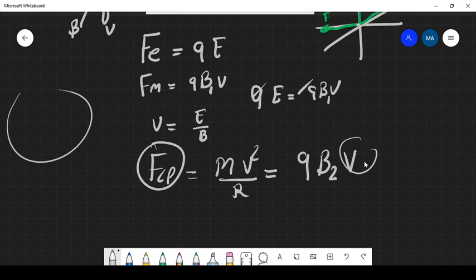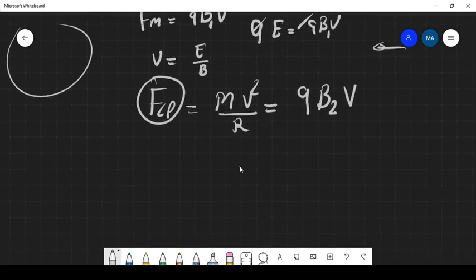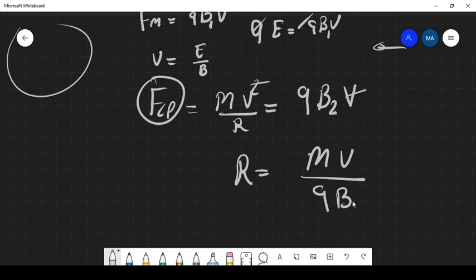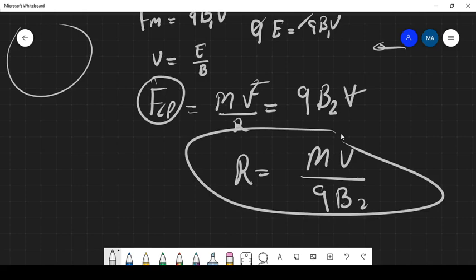This velocity doesn't change. Why doesn't it change? Because the magnetic force just changes its direction. So we'll have that R is equal to mv squared, not v squared because this v will cancel with this squared, divided by qB2. Okay, so this is the radius.